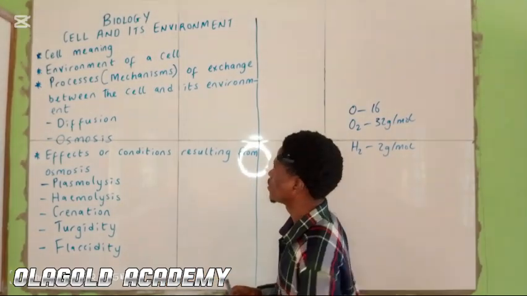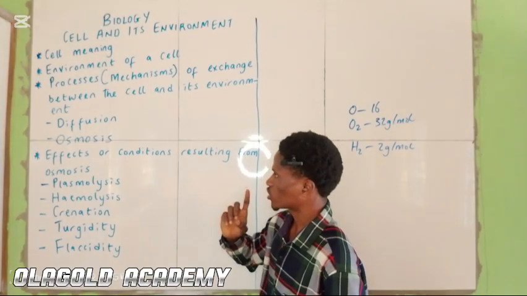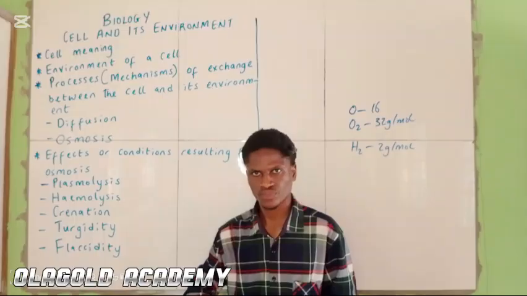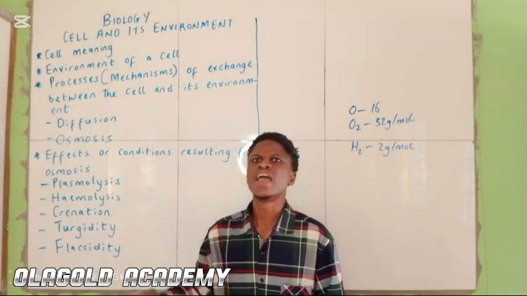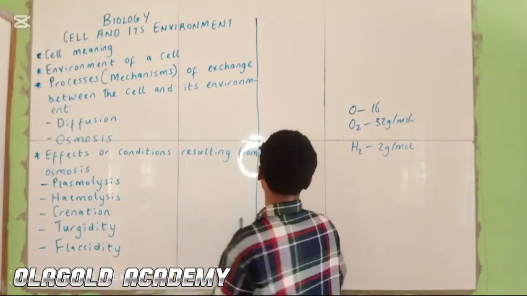All right. Now, from this, let me explain something. Osmosis is of two types. We have endosmosis and exosmosis.